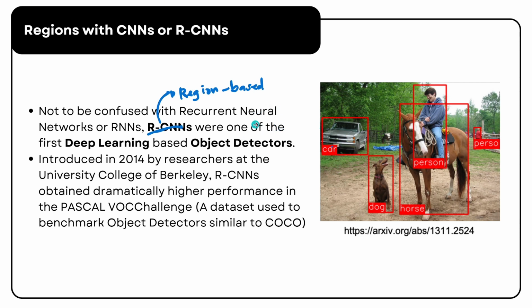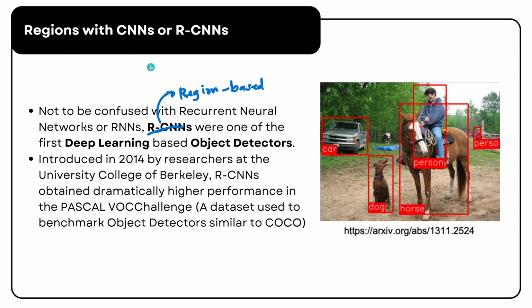Then for each of these regions, it runs a CNN to extract the features. Those features are then passed to a classifier like SVM to label the object and a regressor to refine the bounding box. But we will tackle this later on; for now it is just a simplified discussion of how RCNNs work.